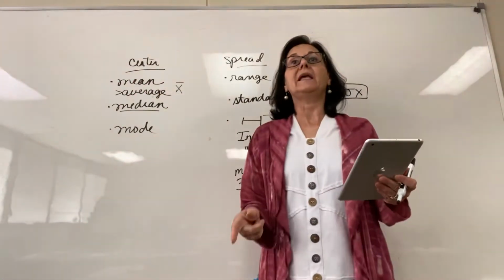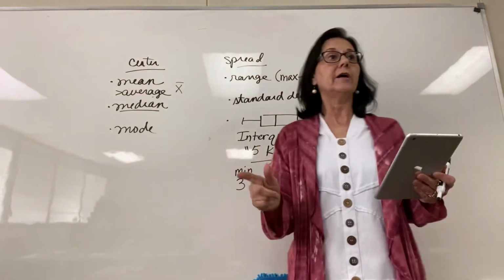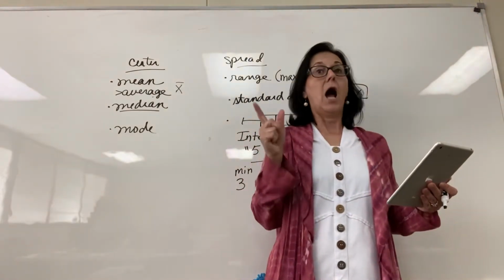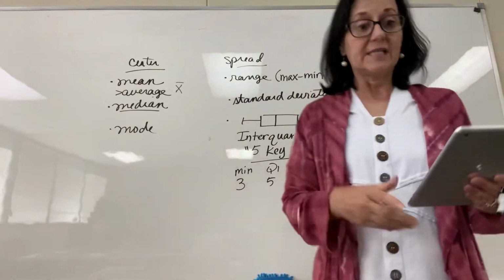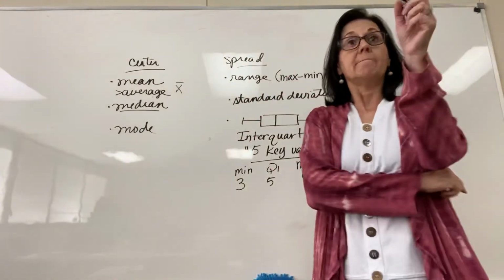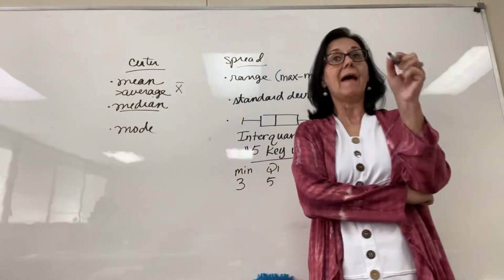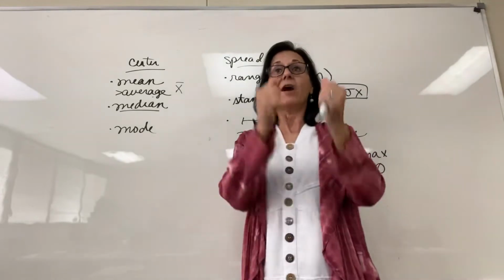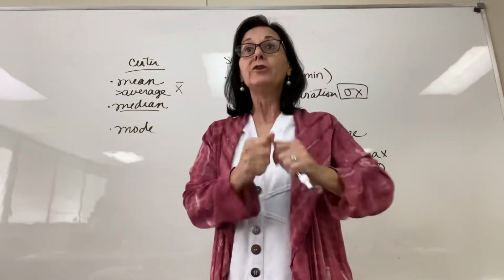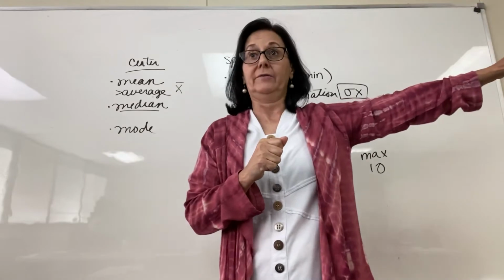when is the mean not a good measure of the center? Well, the mean is not a good measure of where the center of your data is when you have a big outlier.